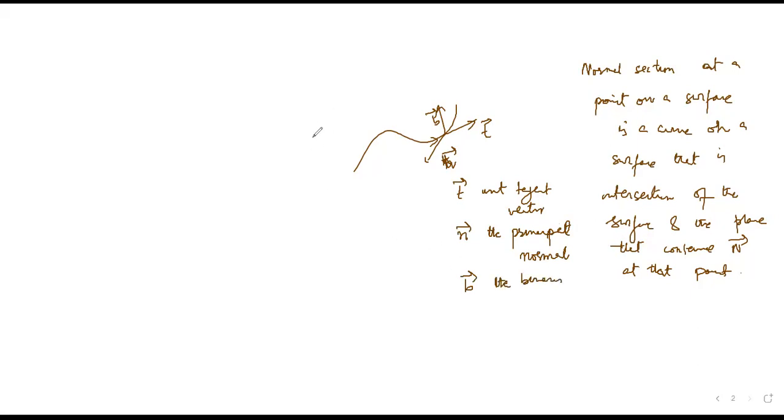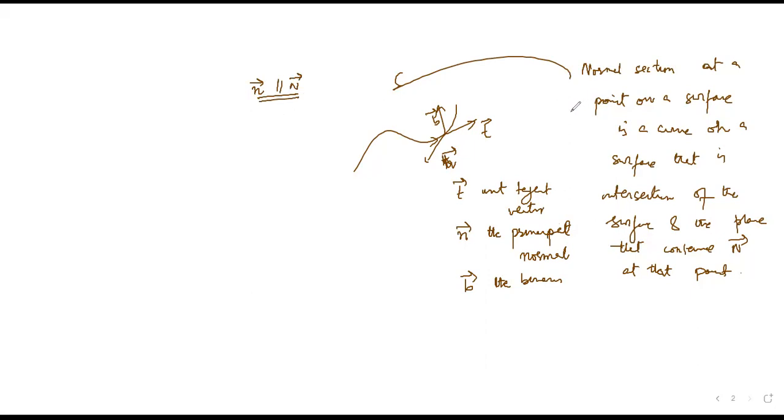अब जो ये हमारी normal section है वो भी curve है, तो उससे भी related TNB होगा, but now इसका जो principal normal होगा vector n, it would be parallel to the surface normal N at that point.